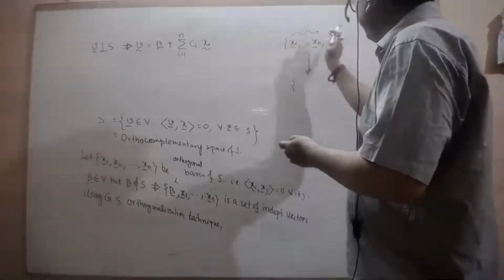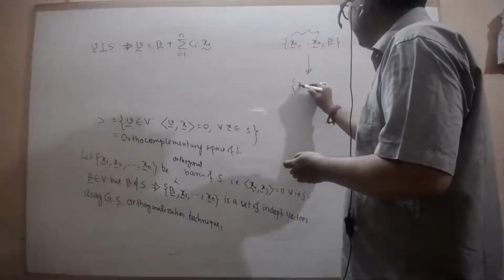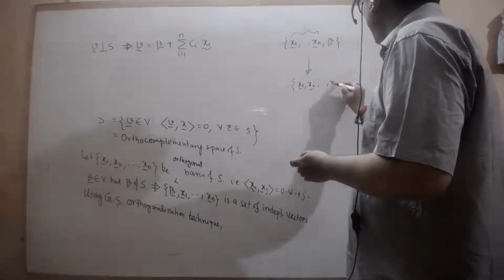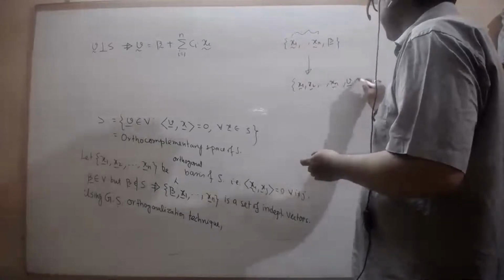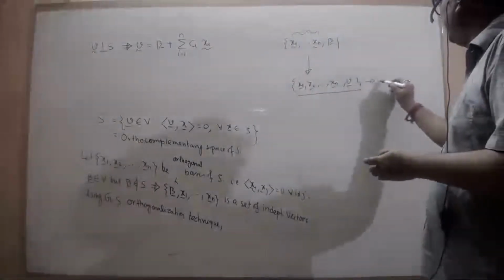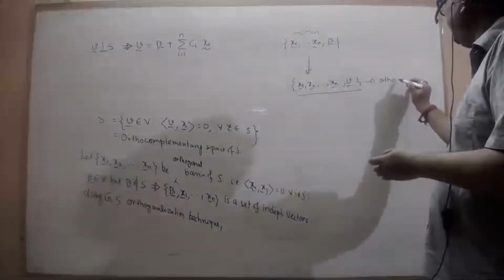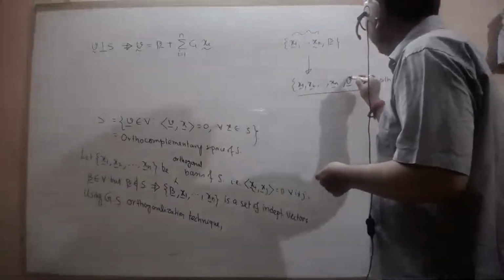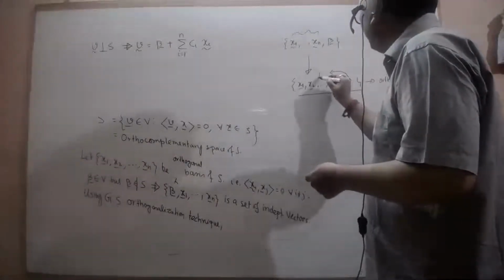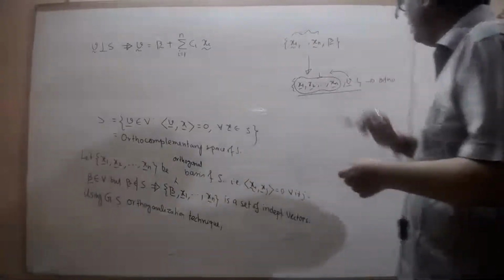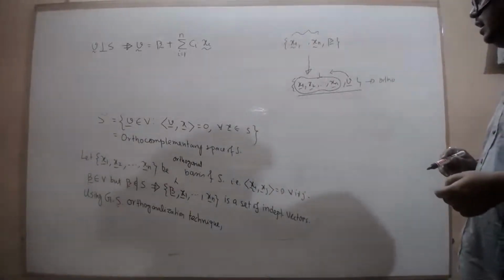Because these vectors are already orthogonal, you get this set along with another vector v curve. This set is a set of orthogonal vectors, and v curve is orthogonal to any one of these xi curve.